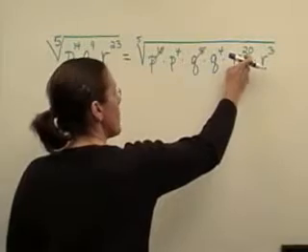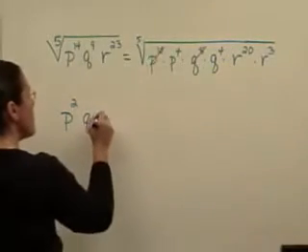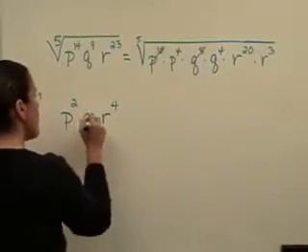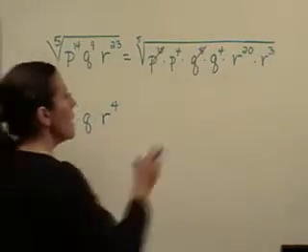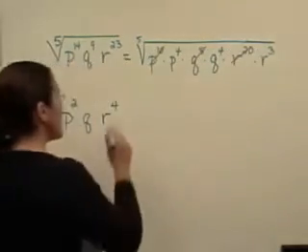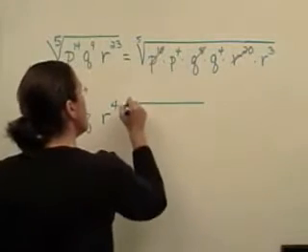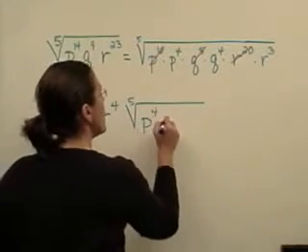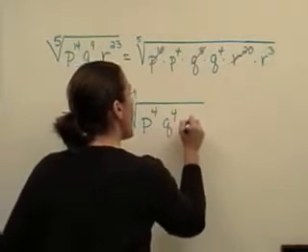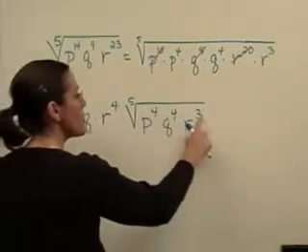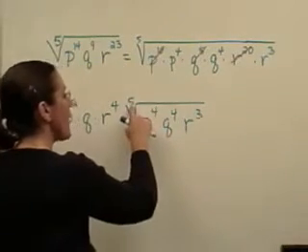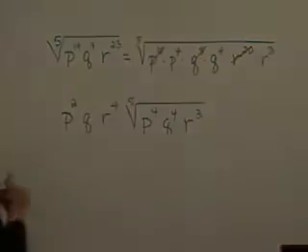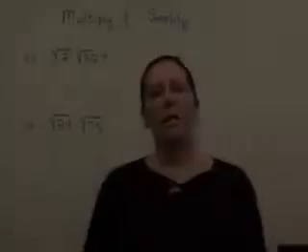The r to the 20th, 20 divided by 5 is 4. I'm going to put little multiplication symbols between there, and I've taken care of that. What is left underneath my radical is p to the 4th, q to the 4th, r to the 3rd. I'm sure of the fact that those are simplified because none of those are larger than 5, and I have the simplified expression.